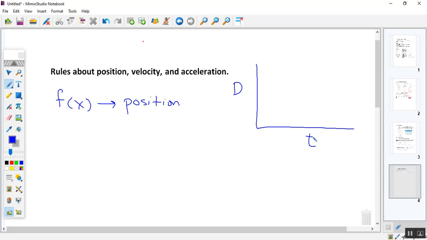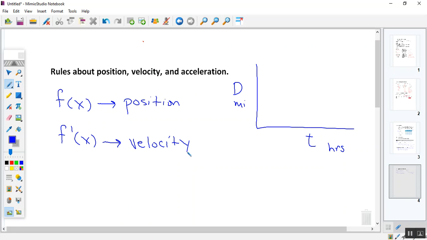Anybody know what f prime of x is then? If my distance is measured in miles and my time is measured in hours? Miles per hour, which is a velocity. So when we start relating position graphs or distance compared to time graphs, it turns out that the first derivative of any position graph is a velocity graph at a certain time t.